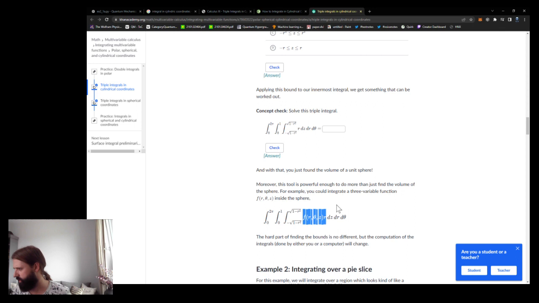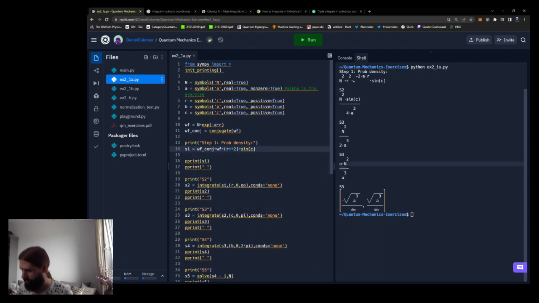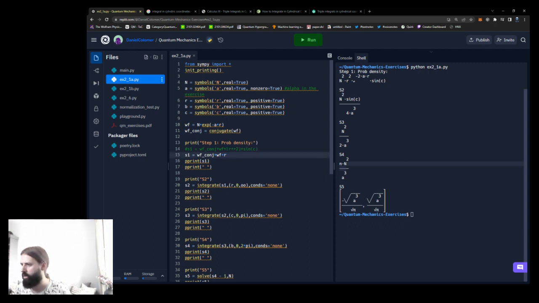This is what I found was different. Why do I have the sine here? I think it was just, so what if I do just R? Just do R, and then it is dz, dr and d theta.